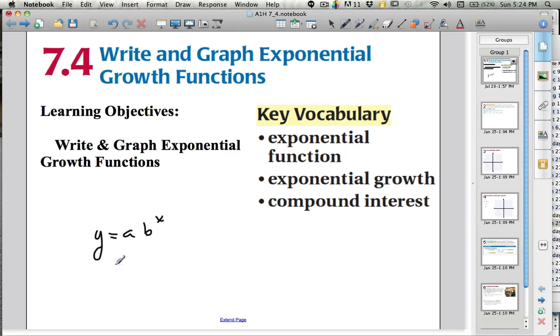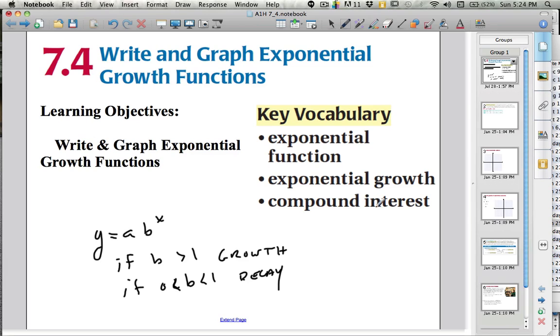And if the value of b is greater than 1, it's a growth function. And if the value of b is between 0 and 1, it's a decay function, okay, which we'll deal with in another section.